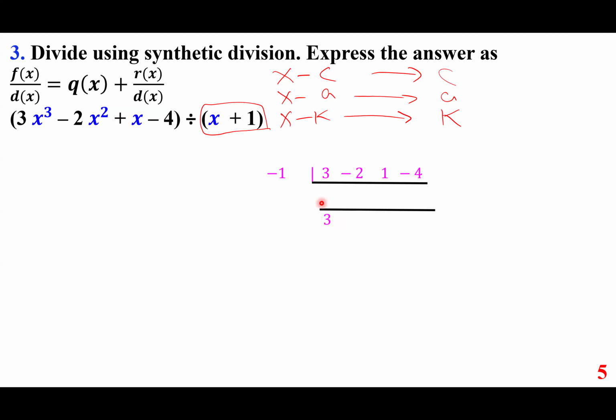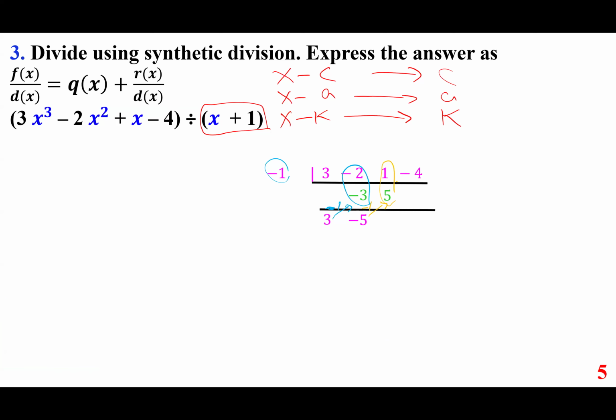Then you multiply this by this number. So you're going to multiply this by negative 1. You get negative 3. You add this 2. You get negative 5. Again, you multiply by negative 1. You get positive 5.